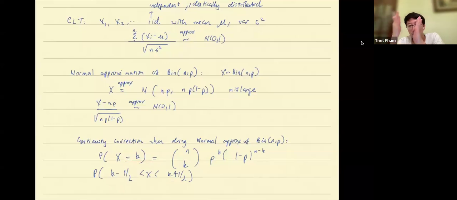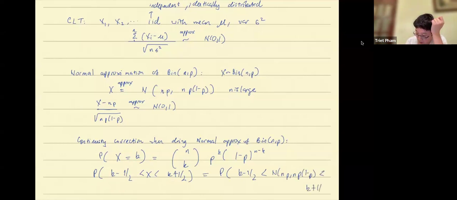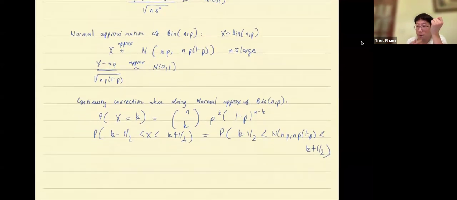The next one is going to be K minus 1 and K plus 1, there's nothing in between. However, this gives you some room to calculate the probability when you move to the continuous random variable. Are we okay?